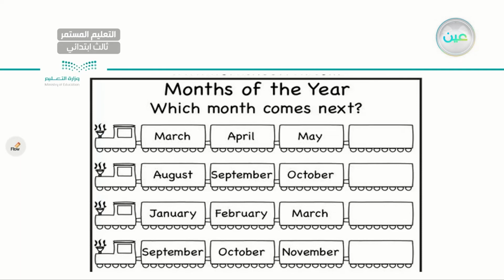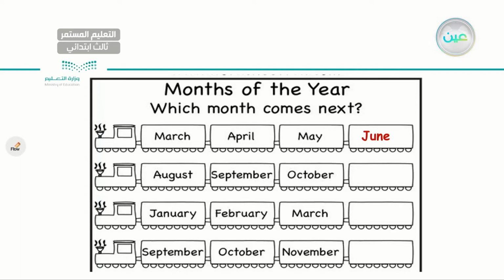Now let's complete with the next month. Okay, so let's go ahead. Let's try to fill the train. March, April, May. So what comes after May is June. Very good. So March, April, May, June. Okay, let's go to the next train. August, September, October.